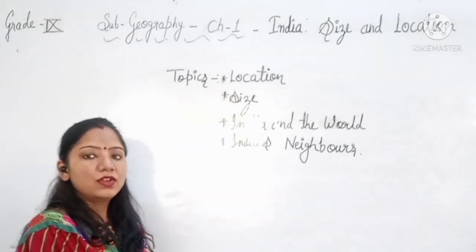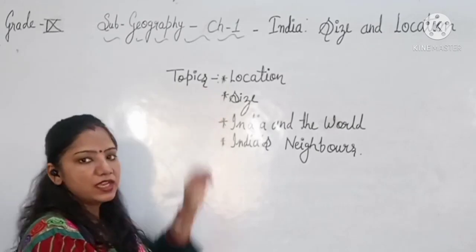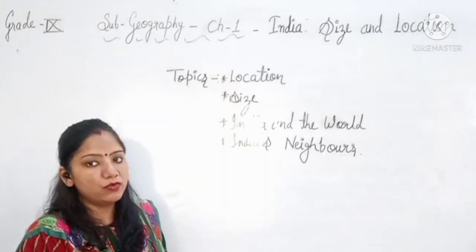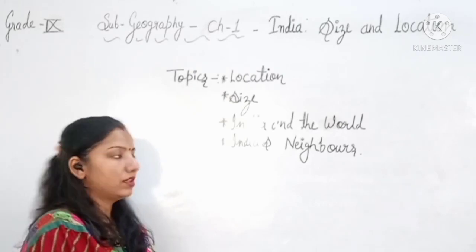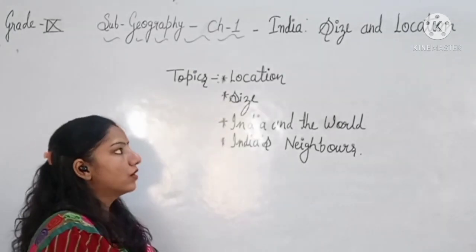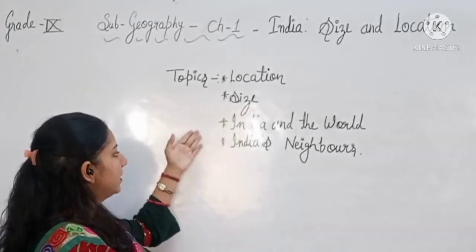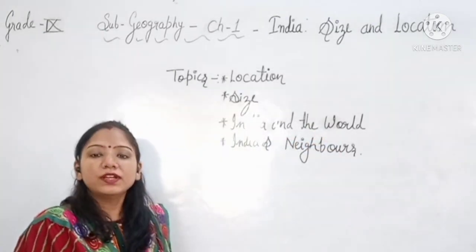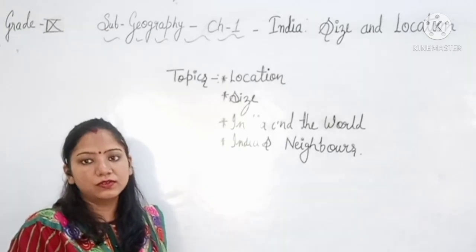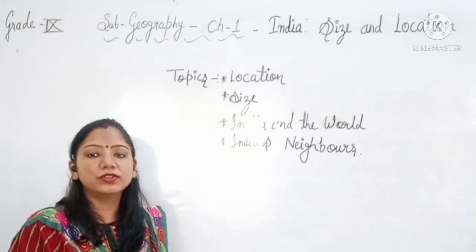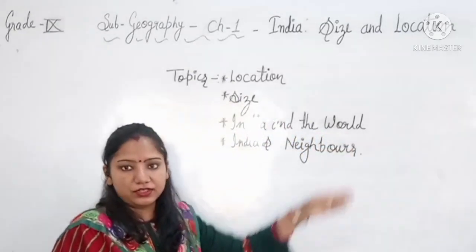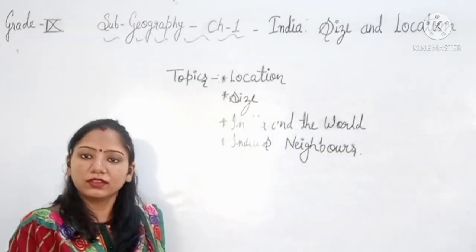Then we will study the size of our country, means the area, boundaries and other things. Then after that, India and the world, means what is the place of our country in the world, and also the relation of India with the other countries, that we will study in the third topic.